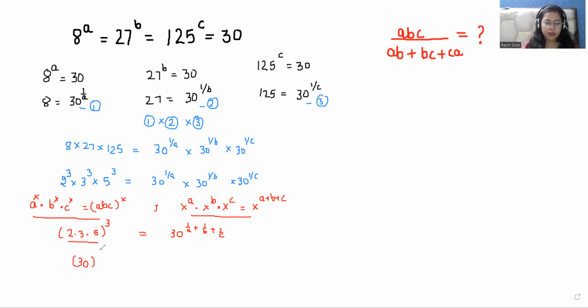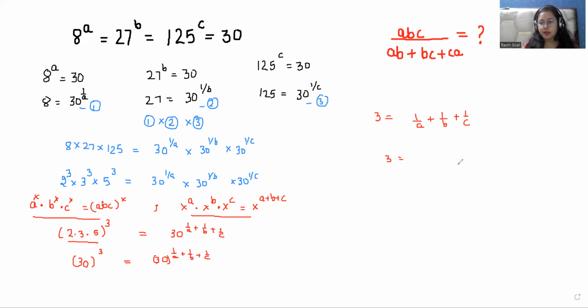So 30 power 3 is equal to 30 power (1 by a plus 1 by b plus 1 by c). Now, if the bases are the same, that means the powers are also equal to each other. So we can write 3 is equal to 1 by a plus 1 by b plus 1 by c.